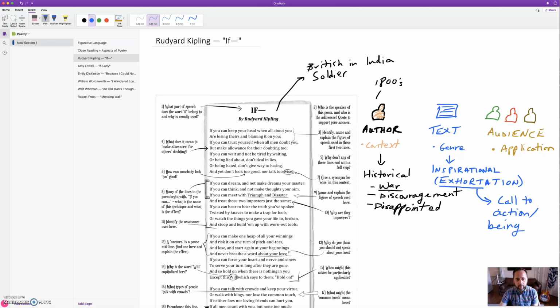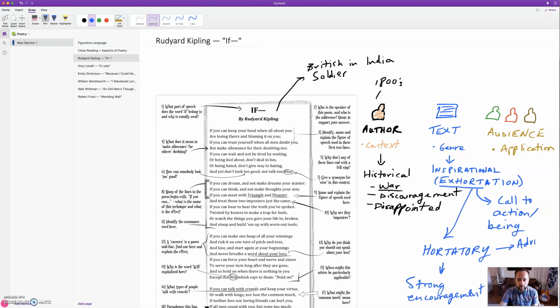Could be your way of thinking, your way of behaving, your way of living, or you have to do something. Okay, so an exhortation, if you want to put it as an adjective, the word is hortatory. To give a strong encouragement. And so it's inspirational, gives a strong encouragement.